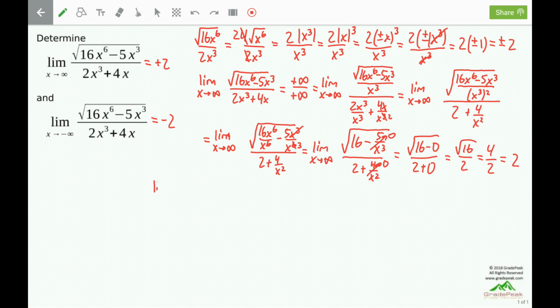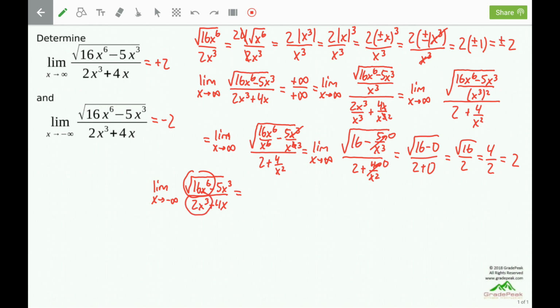Now to work out the limit as x approaches negative infinity of the square root of 16x to the 6 minus 5x cubed divided by 2x cubed plus 4x. First thing to do is plug negative infinity in for each of the x's. Only the highest power term in the numerator and denominator matter here.